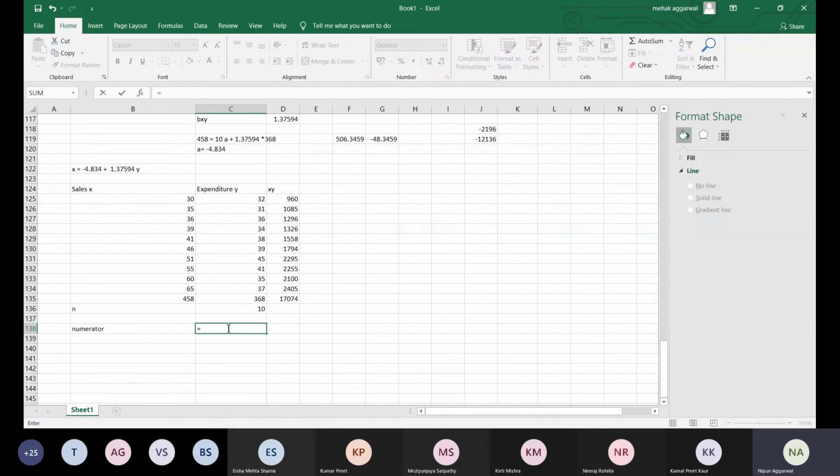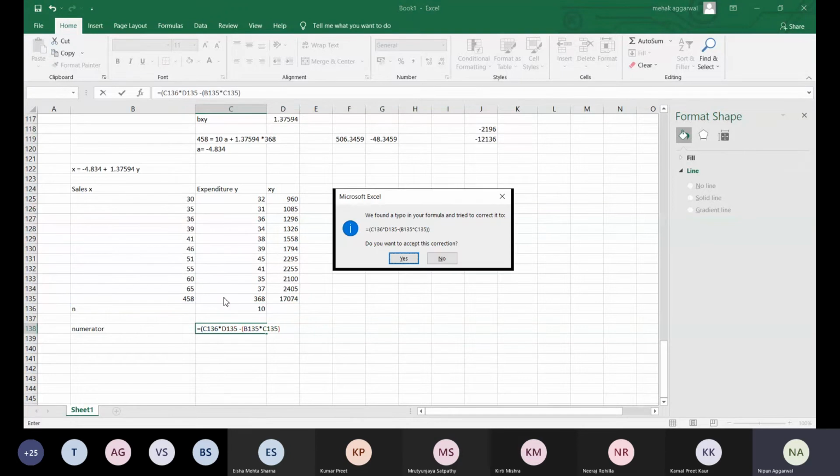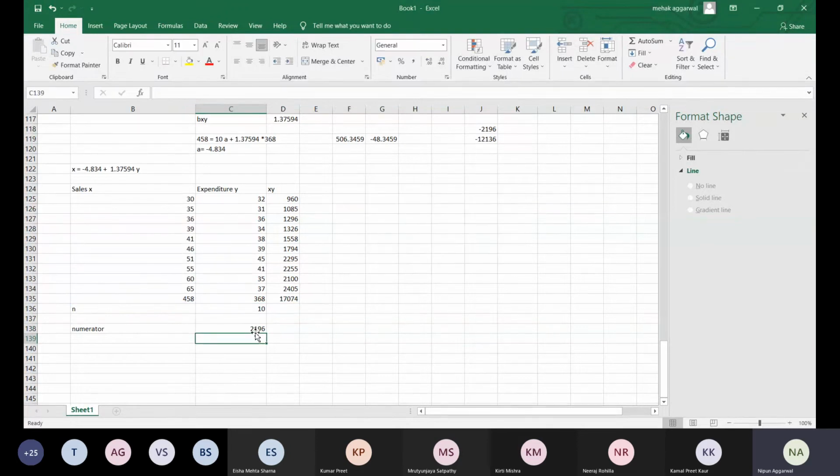So now you'll apply for the numerator. So numerator is equal to n into summation xy minus summation x into summation y. So 2196 comes out to be the numerator.